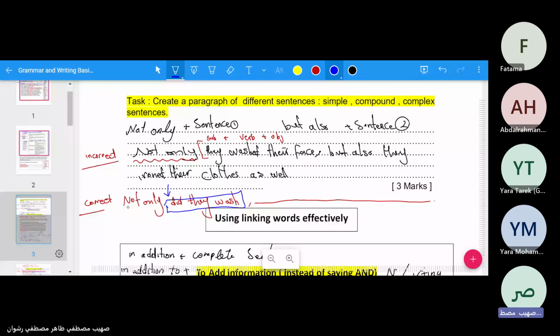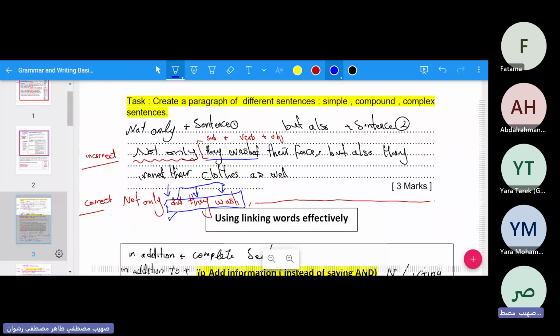Did wash is still past simple. If I wanted to create a question on "they washed," should I say "what they washed" or "what did they wash?" What did they wash. Yes, this is what we made here. We used the same structure as a question. Did they wash? So, sir, not only is always followed by a helping verb.